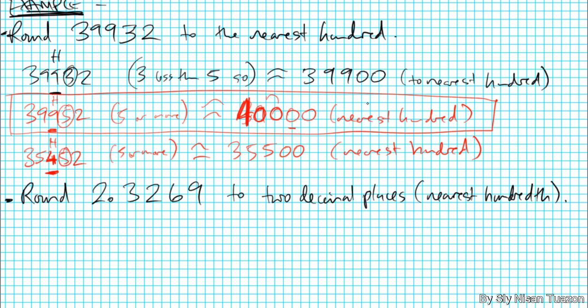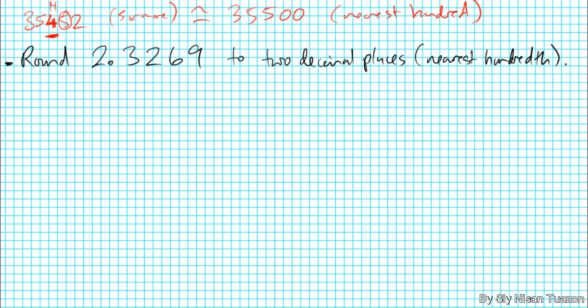Next question. I just wanted to give you an example for decimal places. Let's say I wanted to round this to the nearest 100th, 2.3269. This is the 100th column, where 2 is. Okay, so just like before, you look at the digit after it.